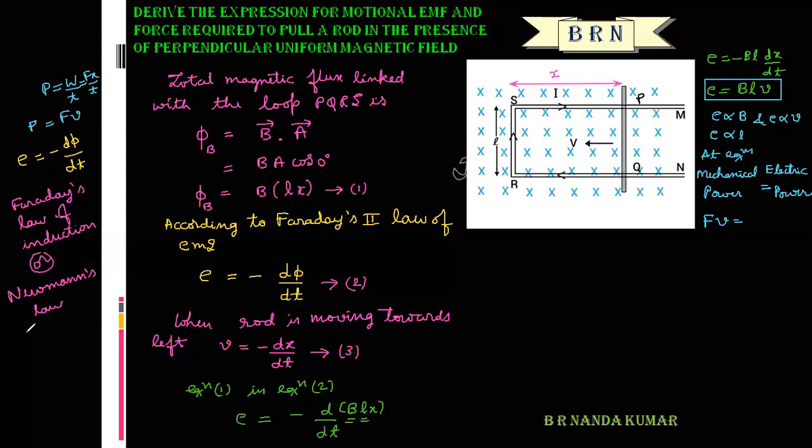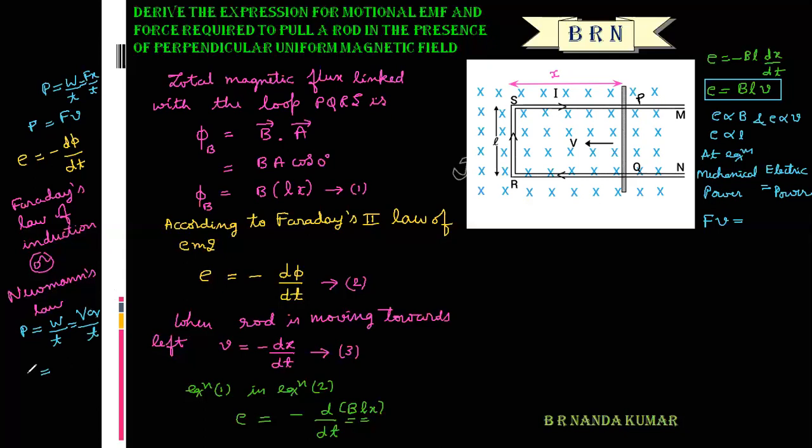Electric power is again the rate of doing work. When a charged particle Q is moving under the potential difference V volt, the work done is VQ, divided by T. Q by T, the rate of flow of charge, is electric current.